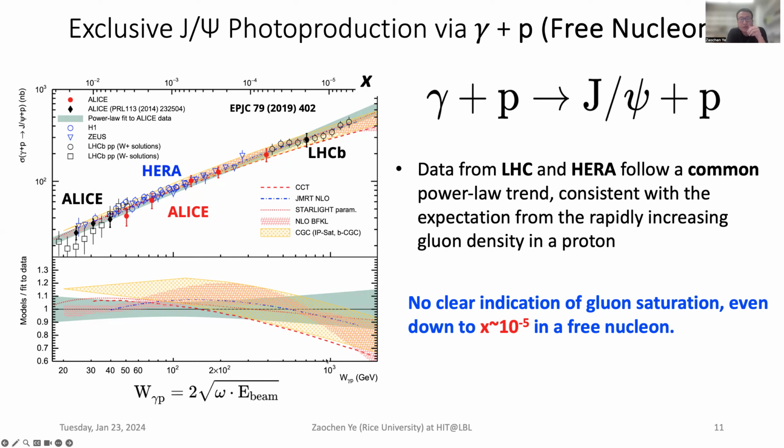This is consistent with the expectation that the gluon density keeps rapidly increasing inside the proton, while the proton is a free nucleon. So inside a free nucleon, even when the data goes down to an x region of about 10^-5, there is no clear indication of gluon saturation yet.